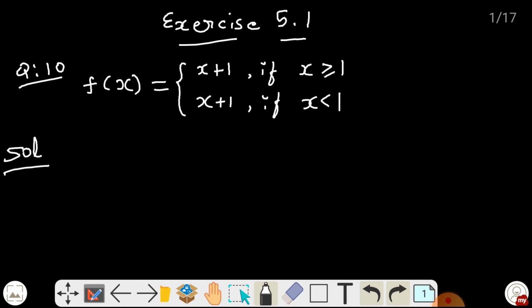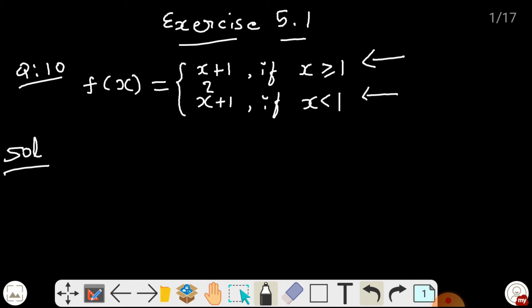Here we have the 10th question of exercise 5.1, and the question is: find all the points of discontinuity of the function f of x is equal to x plus 1 if x is greater than or equal to 1, and x square plus 1 if x is less than 1.